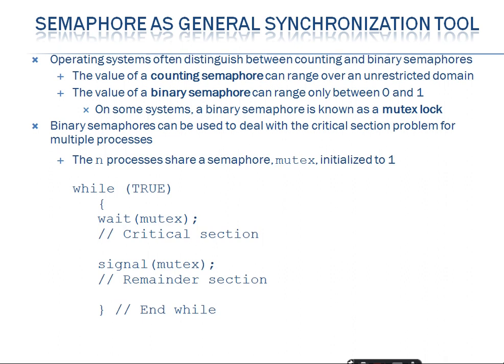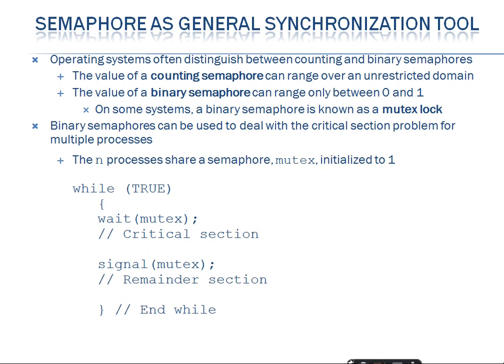So the value of a counting semaphore can be 1, 2, 3 and many more, whereas the value of a binary semaphore can be either 0 or 1. On some systems, a binary semaphore is known as a mutex lock, mutual exclusion lock. Mutex lock means mutually exclusive lock.